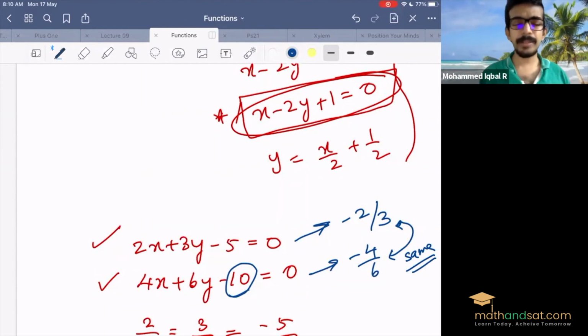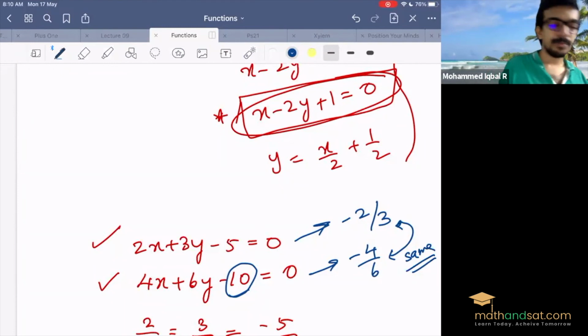Their y-intercepts and x-intercepts will also be the same, because the lines themselves are exactly the same, right?